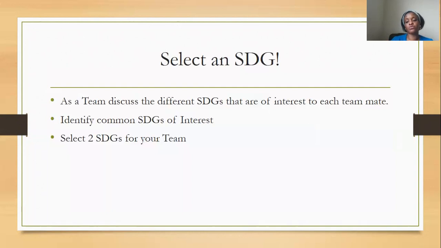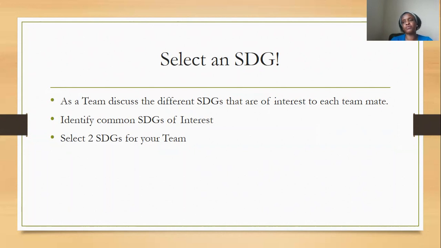Then, as a team, come together, talk about each person's SDG of interest, and put all SDGs on the table that each of your teammates brought with them to the meeting or are interested in, and then select 2 of those SDGs.